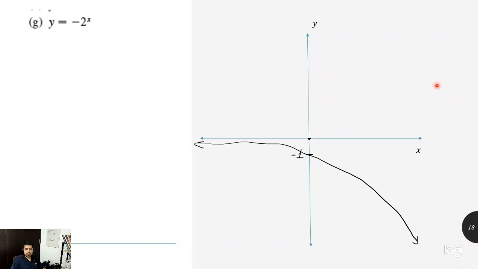Why? Because for any value of x, for example, imagine x is a large negative number. When the exponent is negative, it goes to the denominator. So you have 1 over minus 2 elevated to a huge number, which brings a huge number too. When we have 1 over an extremely huge number, imagine just one pizza for 1 million people.